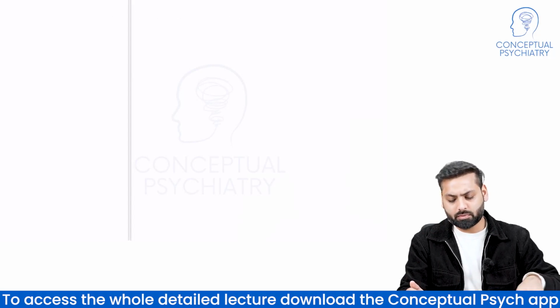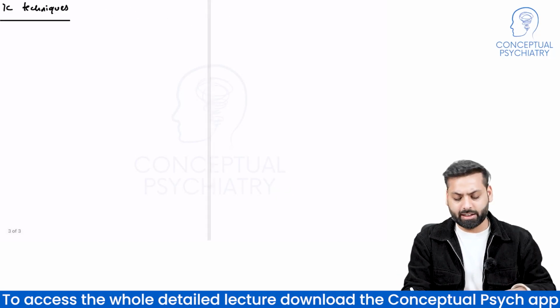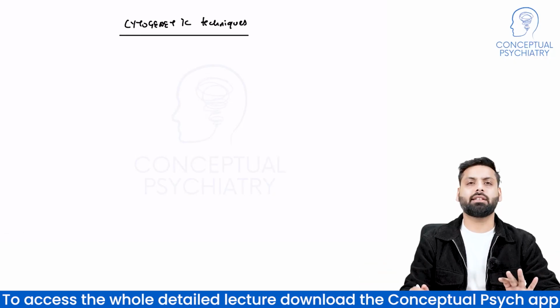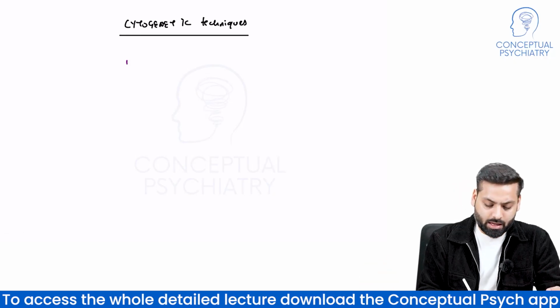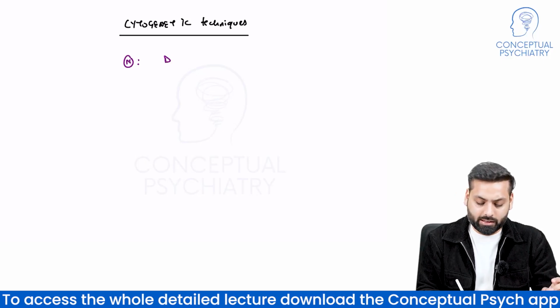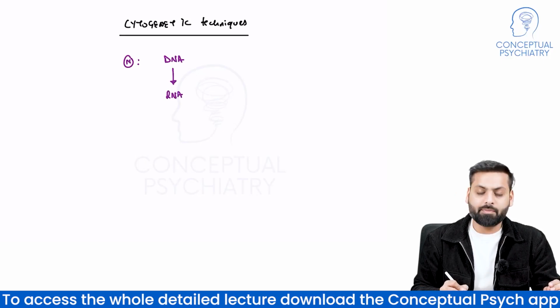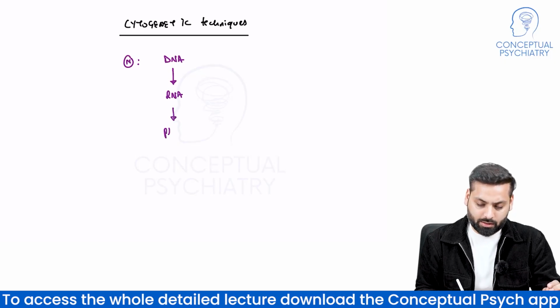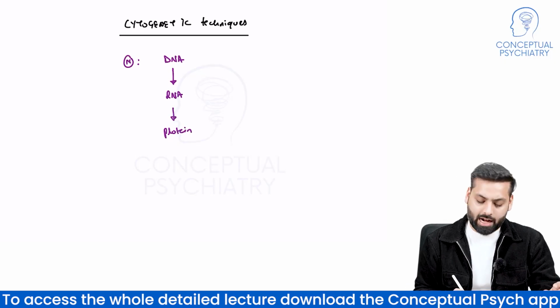Okay. So when we begin with cytogenetic techniques, just remember what is the basic thing. Normally we understand that there is a DNA. From DNA, RNA is formed. RNA forms protein. This is fine. And this protein will go and do its function.